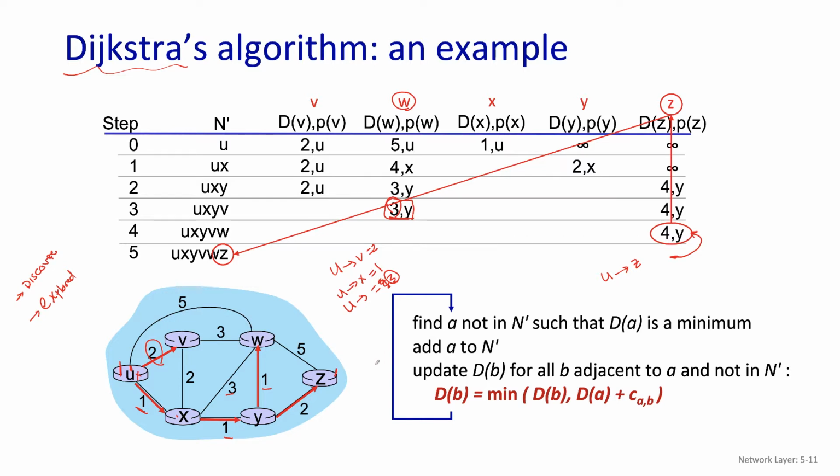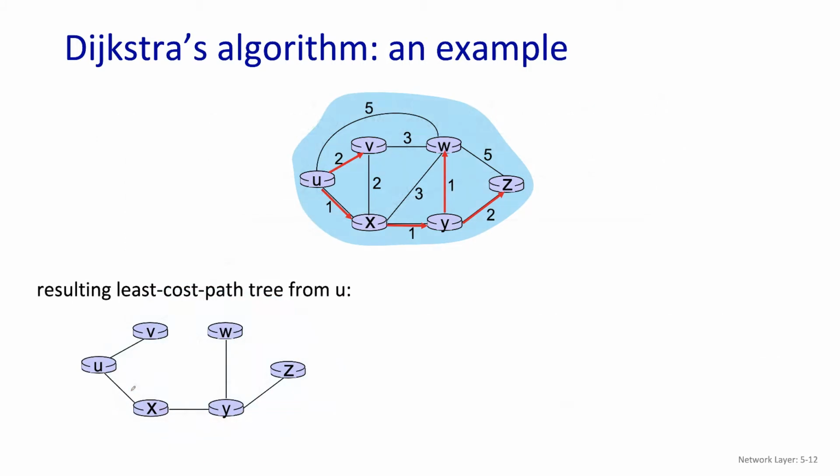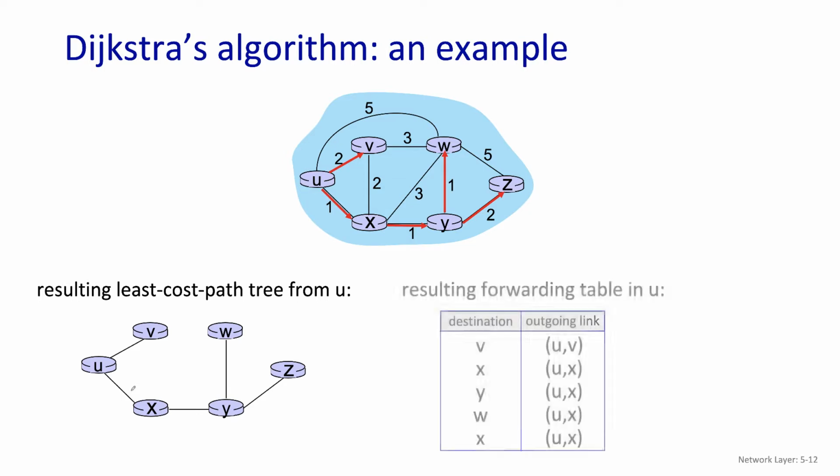Then from Y, you are going to go to X, as you can see, then you will go back to U. So either one, it should be easy for you to tell what's going on. So these are the resulting least cost paths for the whole thing that we want.